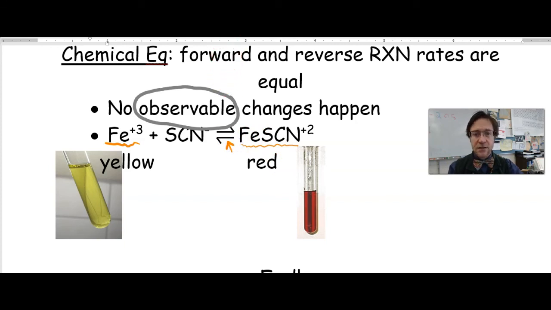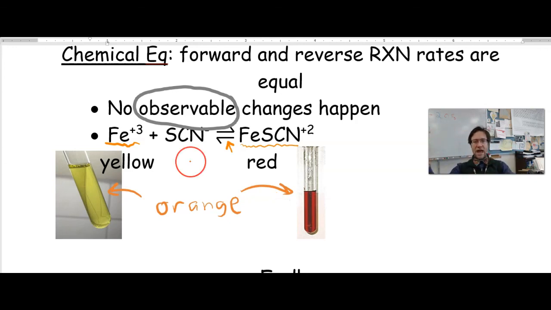Well, the reactant is yellow, the product is red, and what we end up with in the middle is something orange, because we have a little bit of yellow and a little bit of red, and when we look at it, we don't see yellow, we don't see red, because they're going back and forth so much. When we look at the test tube, we would see an orange looking test tube.